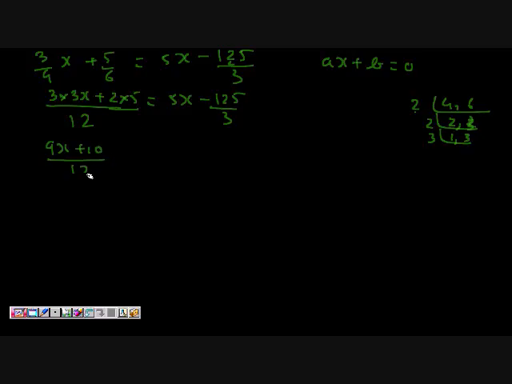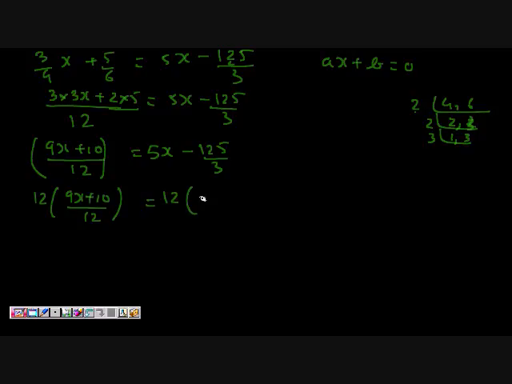Multiplying 12 on both sides, we can say 12 into (9x plus 10) divided by 12 is equal to 12 into (5x minus 125 divided by 3).